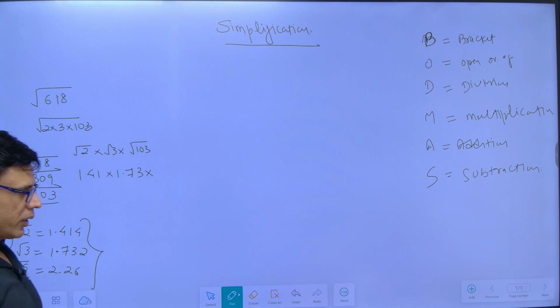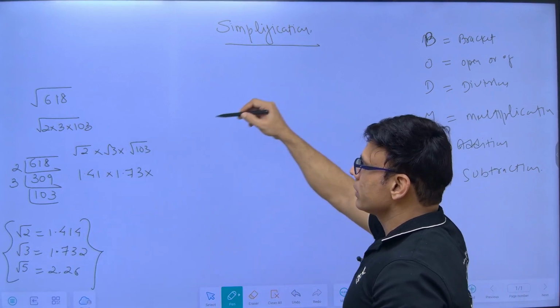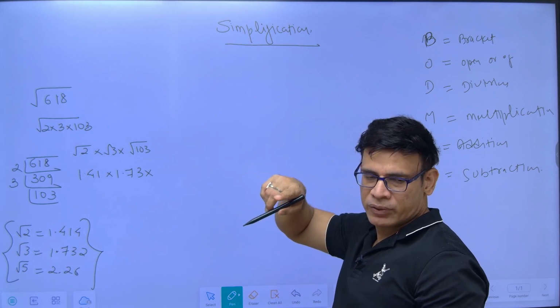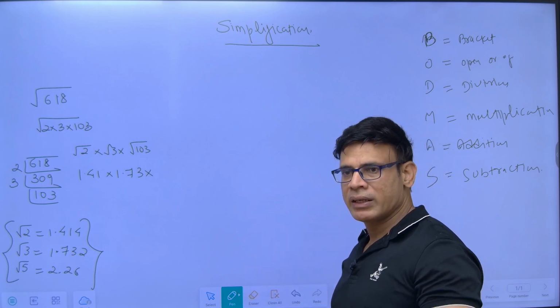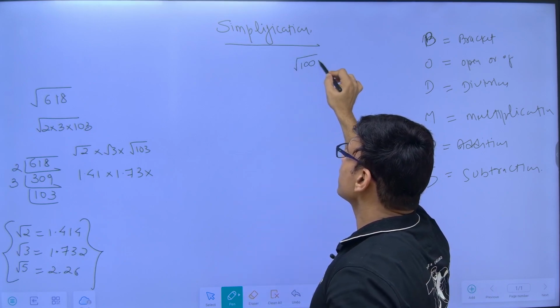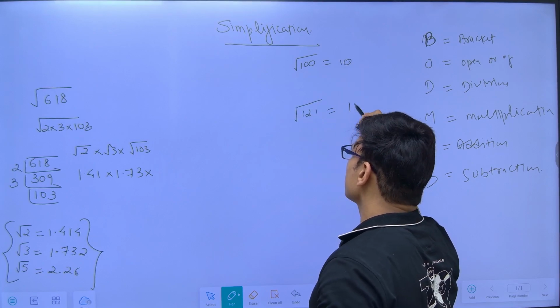So first you have to check 103. You have to find out the value of 103. It is not a perfect square. See, 8 square is 64, after 64, 9 square is 81, 10 square is 100, then directly 11 square, right? First thing we know that under root of 100 is what? 10. Under root of 121 is what? 11.